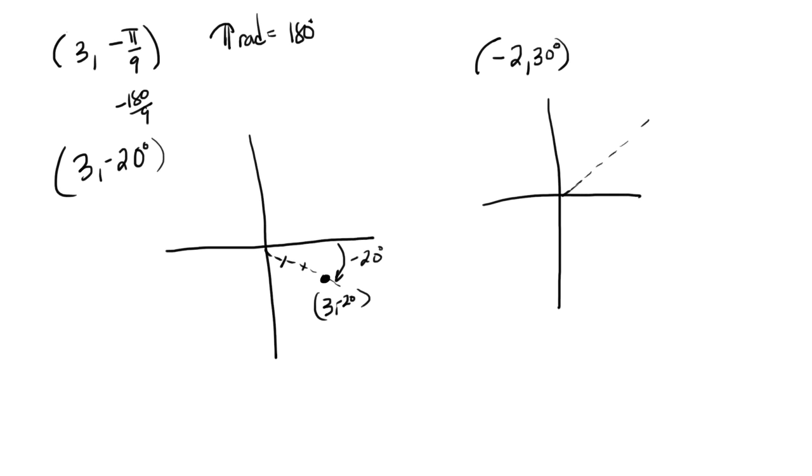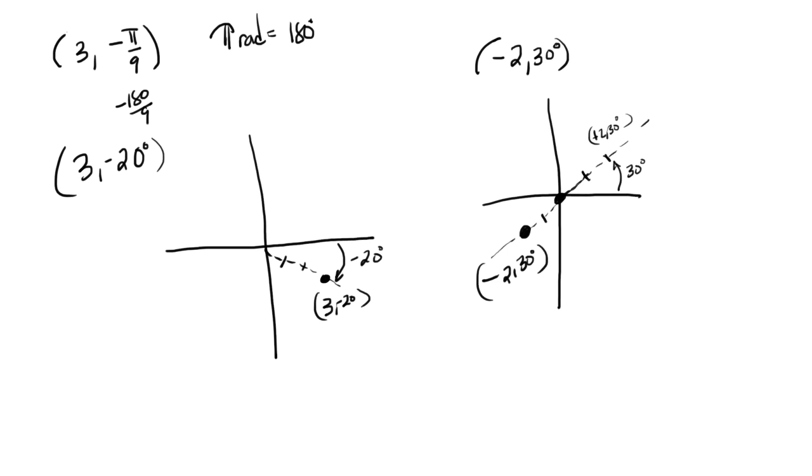Now if I went forward, this would be positive 2. But I don't want positive 2. So I have to continue this line through the origin, which is called the pole, and go backwards 2. So this point down here would be (negative 2, 30).